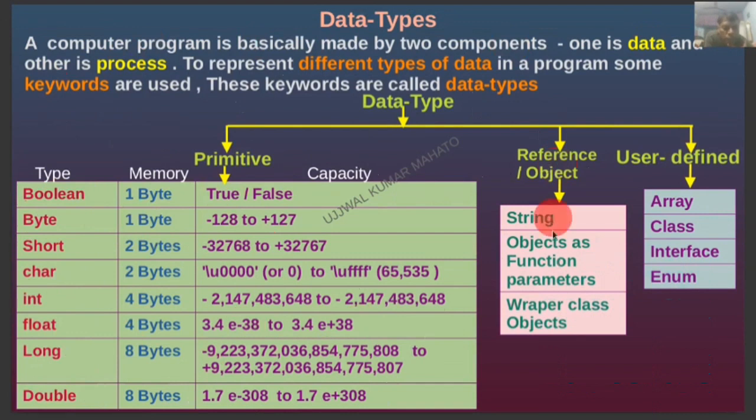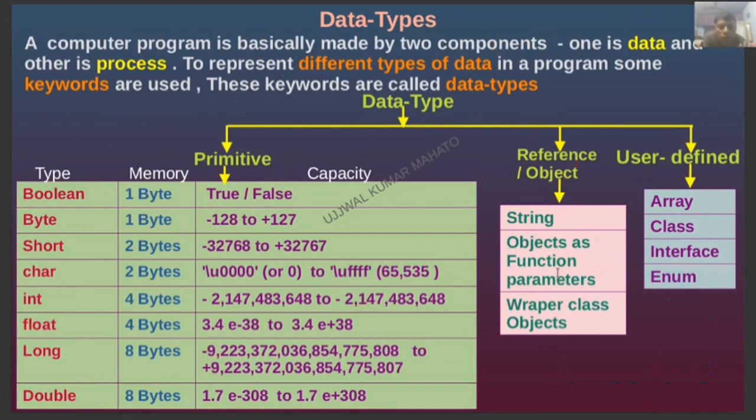These data types are of reference types, meaning they have the reference of the data as their content. Meaning if we define any string type data variable, then that variable has the reference of the data in memory, and so do the objects passed as function parameters.